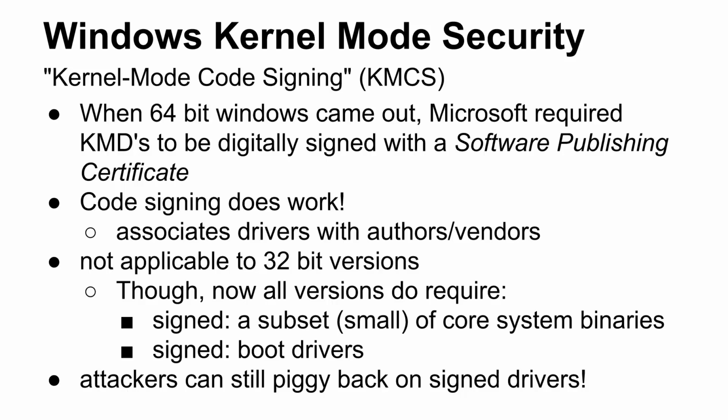In order for an attacker to abuse this, they essentially would have to get themselves a valid software publishing certificate, which unfortunately for us defenders is too easy for attackers.